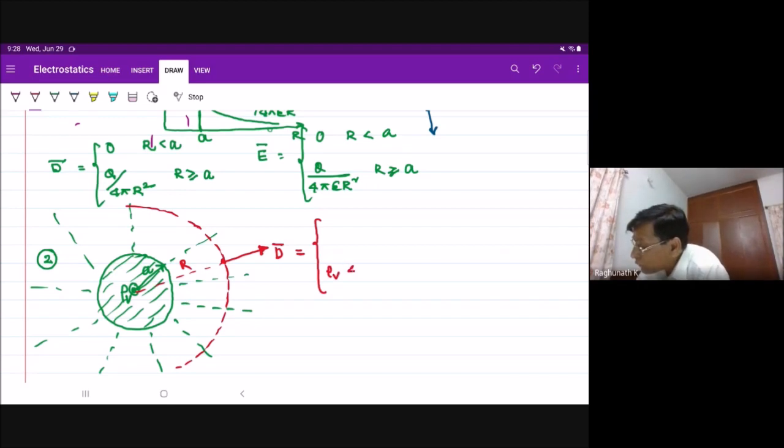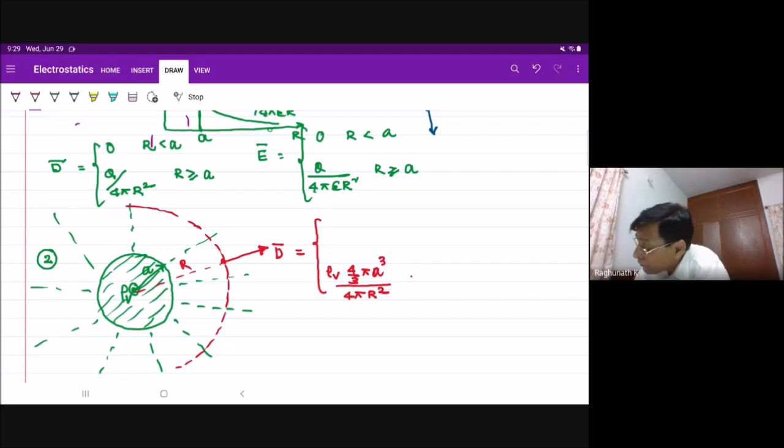Rho v into 4 by 3 pi a cubed is the total charge on this spherical volume, divided by the area of the spherical surface of radius r, because I want to know the flux density, is what? 4 pi r squared.